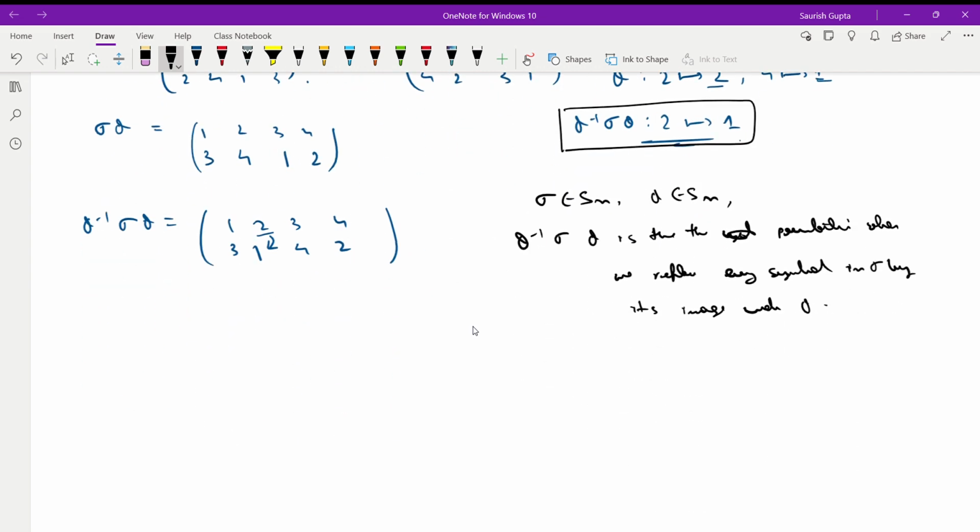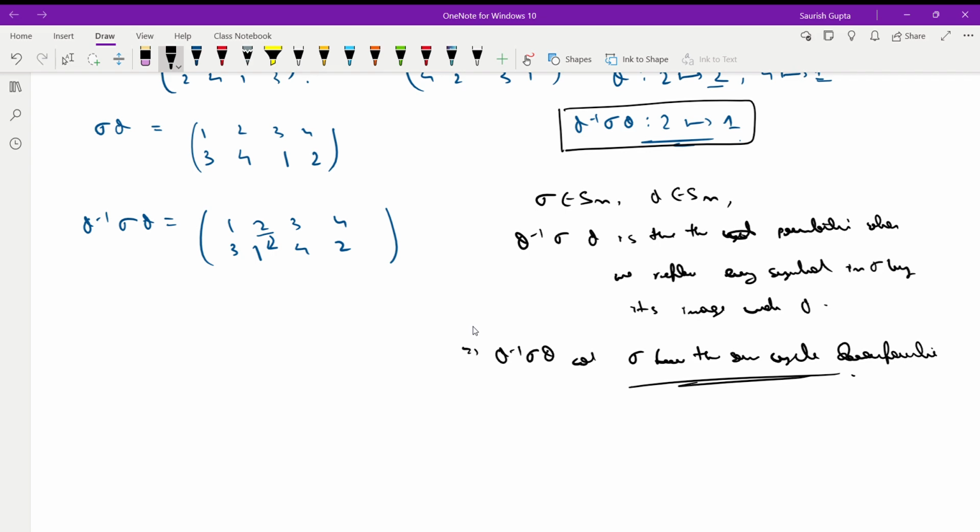But that immediately means that theta inverse sigma theta and sigma have the same cycle decomposition. Right? I guess it's clear. Or at least the cycles of sigma and theta inverse sigma theta have the same length, and so in fact the same cycle decomposition as well.